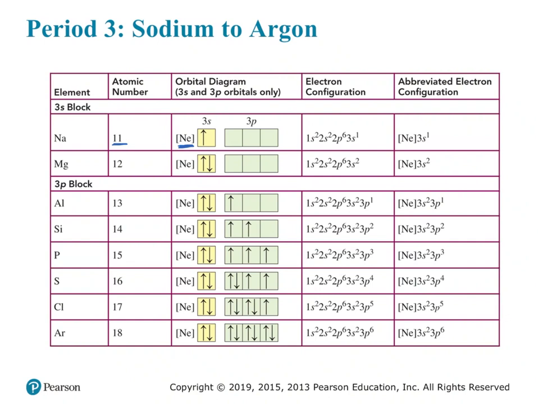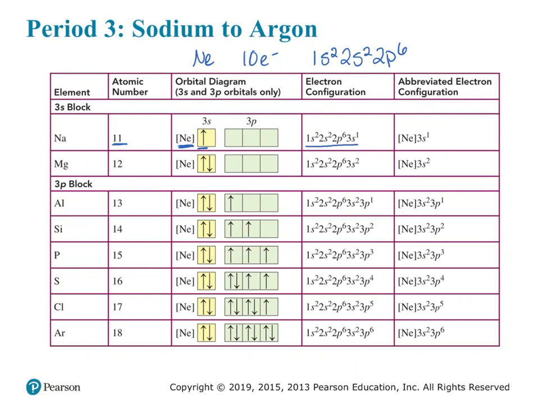So remember, neon has 10 electrons, and its electron configuration is 1s2, 2s2, 2p6. So we can use that as our abbreviation. For instance, sodium has 1 electron in a 3s orbital, but its full electron configuration is 1s2, 2s2, 2p6, 3s1.